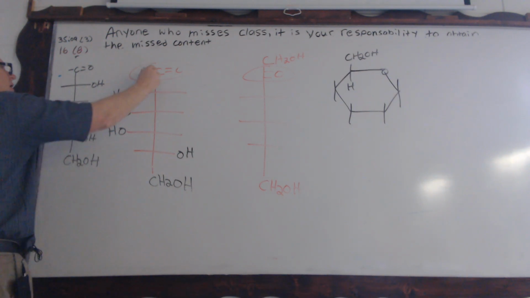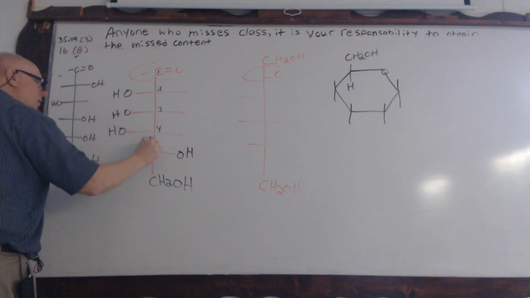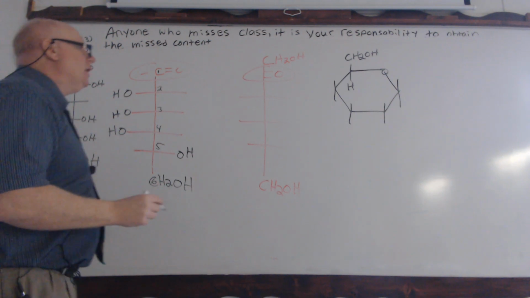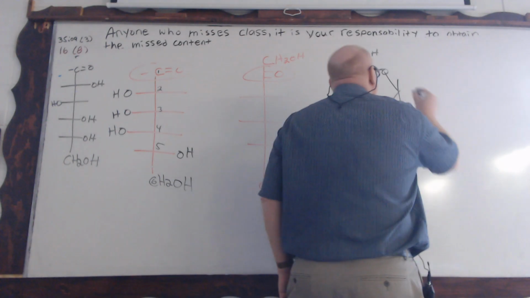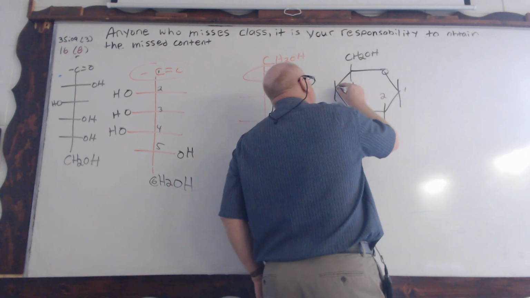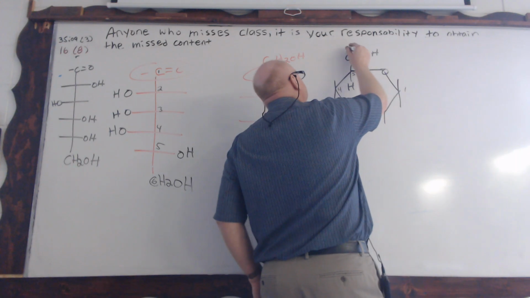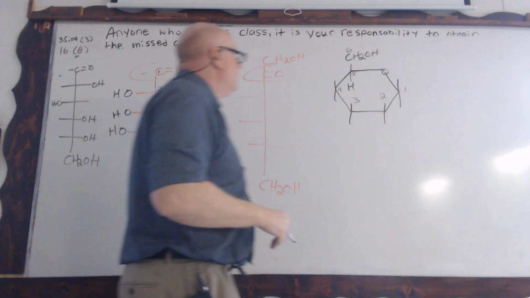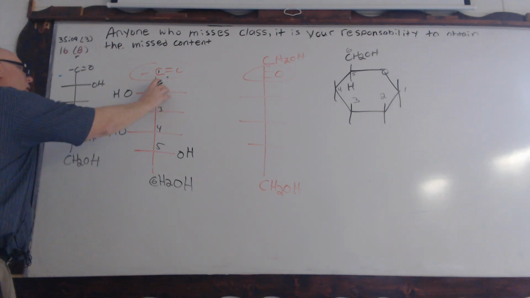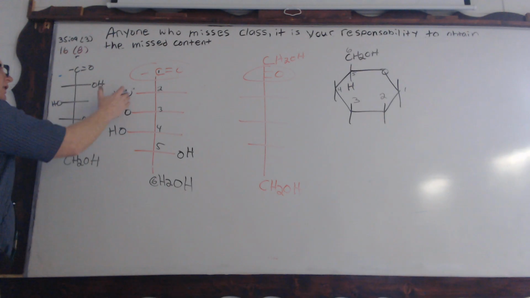Because remember, here's 1, 2, 3, 4, 5, and 6, way down the bottom. So then we just apply that to here. We would say 1, 2, 3, 4, 5, and then 6 all the way up there. So on carbon 2, that OH is to the left.